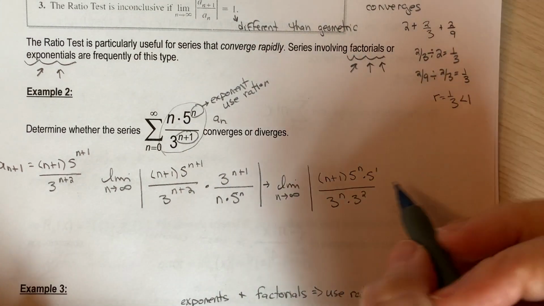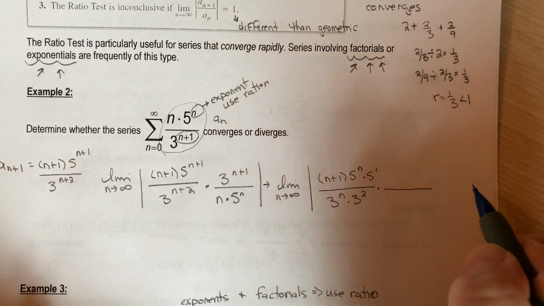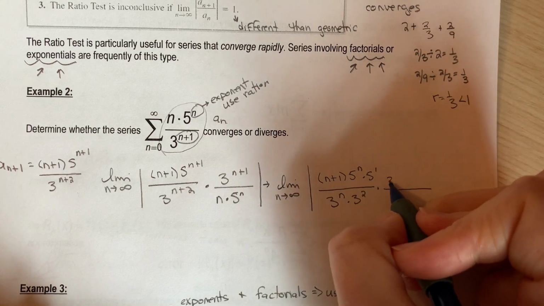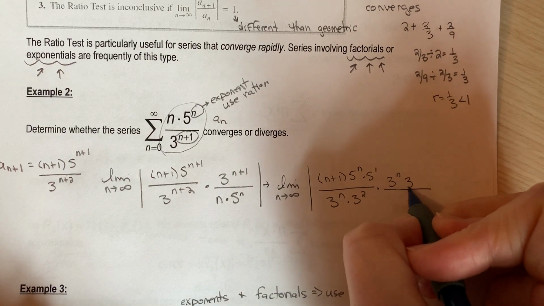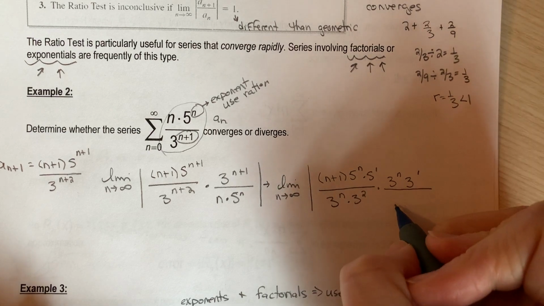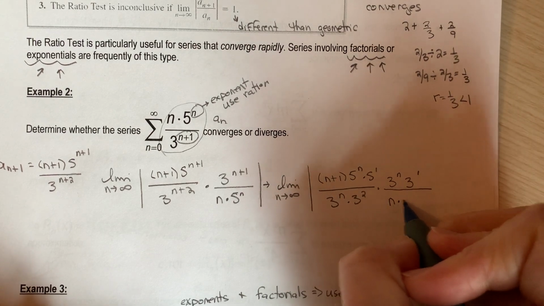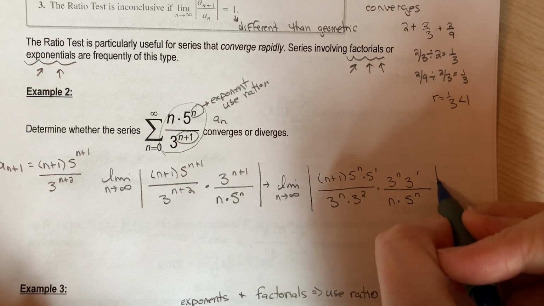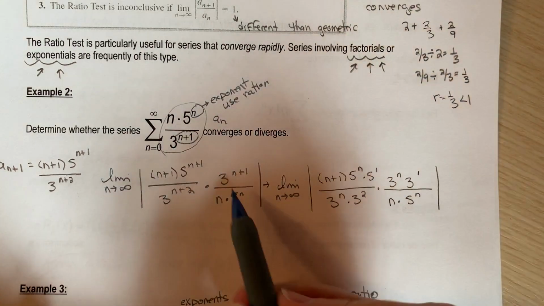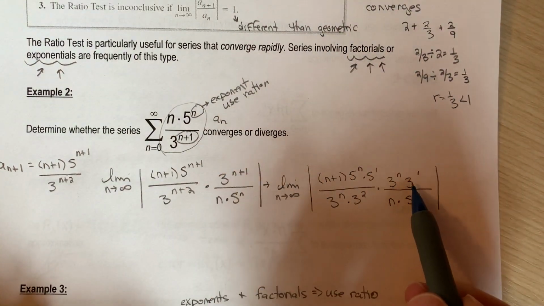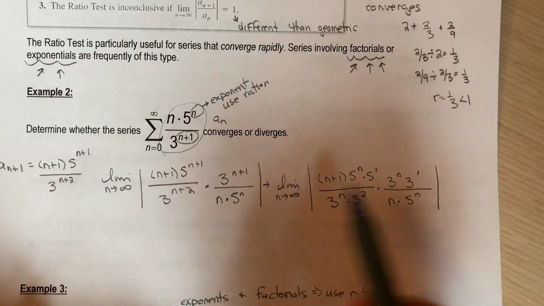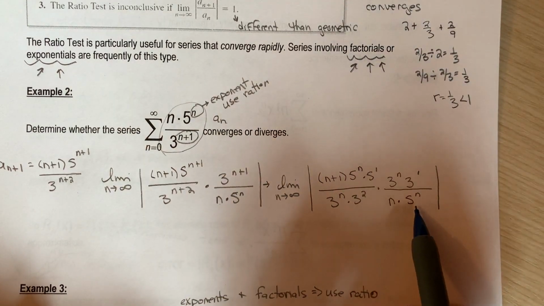And then when we're multiplying fractions, you can think you're multiplying your numerators and multiplying your denominators. So this is going to allow us to do some dividing out when we have the same number on the top and bottom of our fraction. So I wrote 3 to the n plus 1 is 3 to the n times 3 to the 1. I wrote n, that was just a copy.